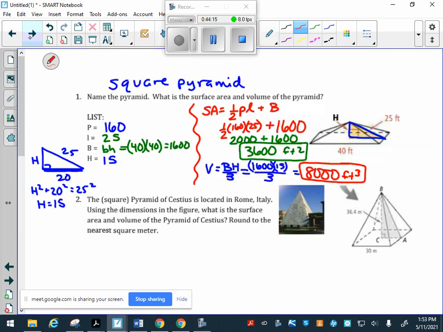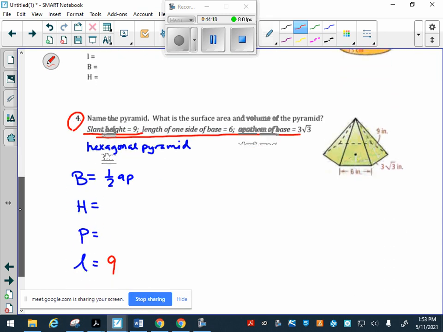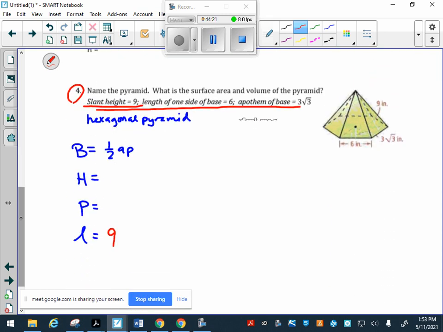I always say not to assume things, but this time we are going to assume that the polygons are regular. Okay? So, if the length of one side of the base is 6, and it's a regular hexagon, the perimeter is going to be 36. 6 sides, 6 each.